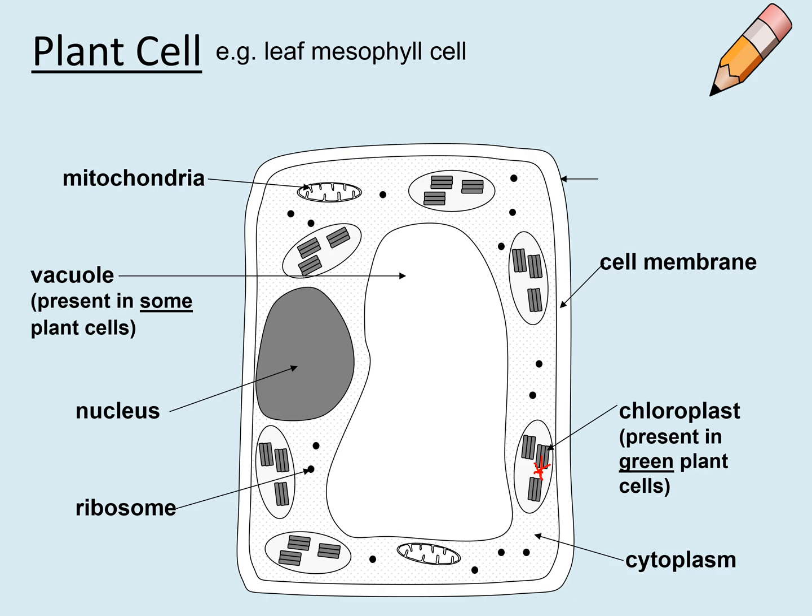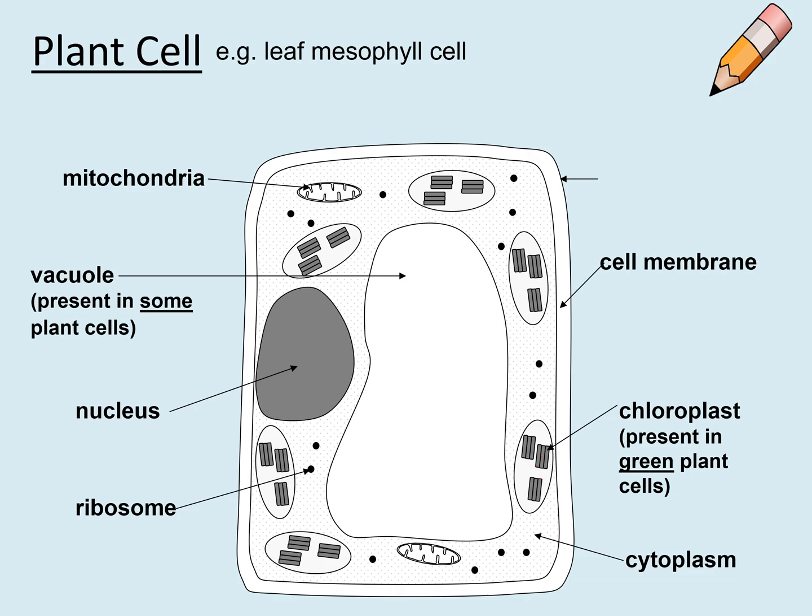Not all plants contain chloroplasts. Some plants that grow underground don't contain chloroplasts, like onions, and that's because they can't get to the light, so they can't carry out photosynthesis because the pigment in the chloroplast, which is called chlorophyll, would not be able to absorb the light.